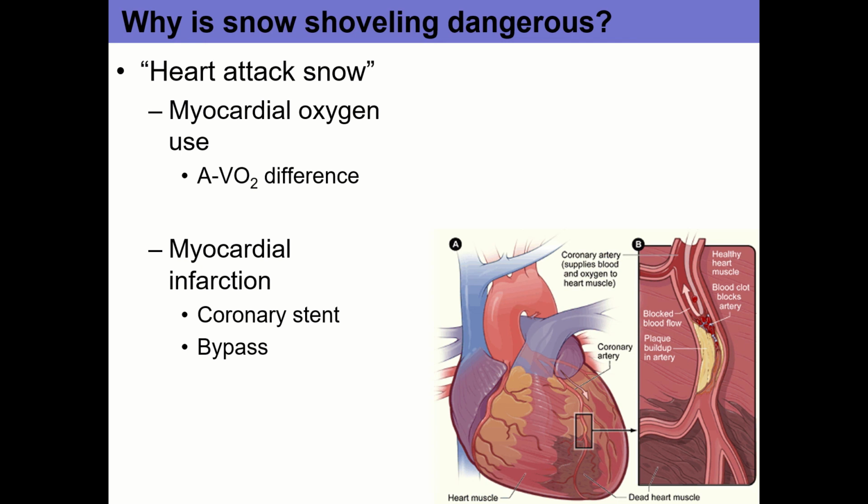Those plaques do a couple things. One, they cause the artery to harden, so it's not as stretchy, not as elastic or extensible as it was before. And in addition, they close down the diameter of the blood vessel, so the blood vessel can't really dilate. It can't really open up.